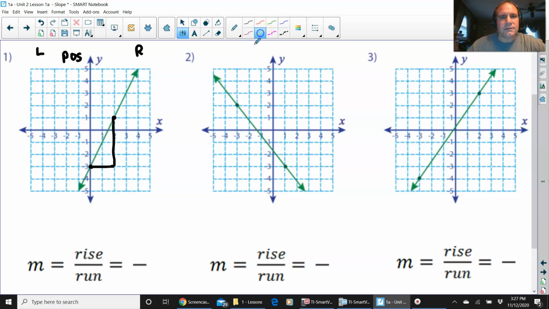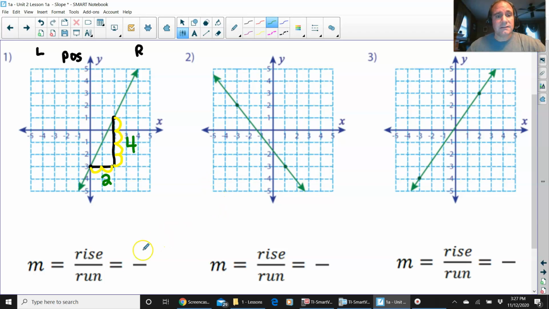When I count, I'm going to count 1, 2, and put the 2 on the outside. Then I'm going to count from here 1, 2, 3, and 4. I'm going to put the 4 there. So my rise is the number that goes up or down.